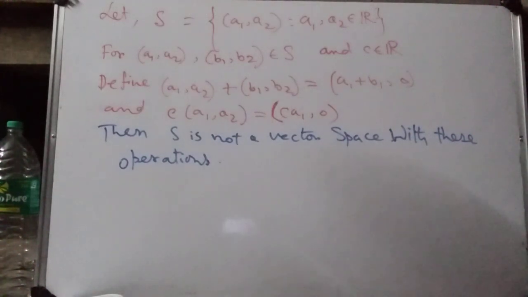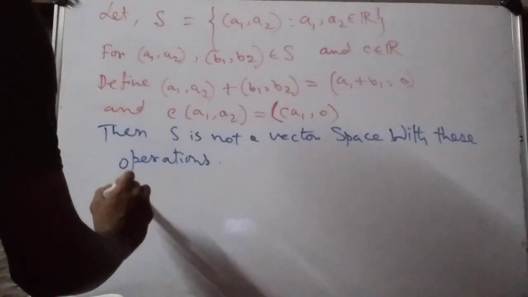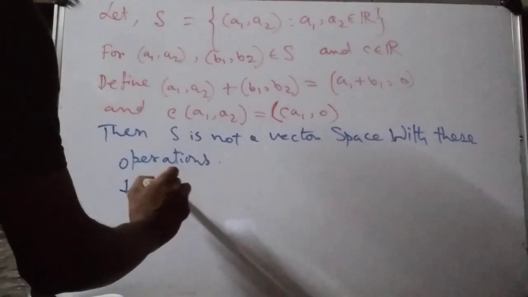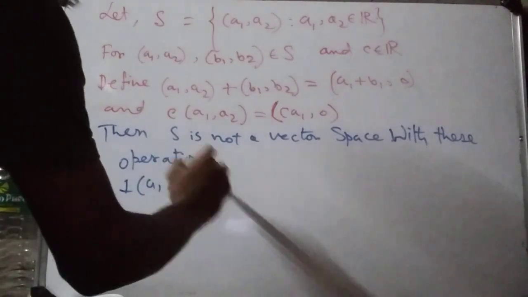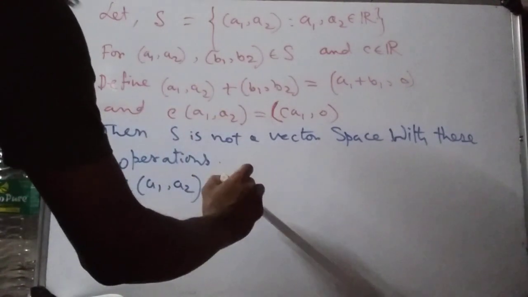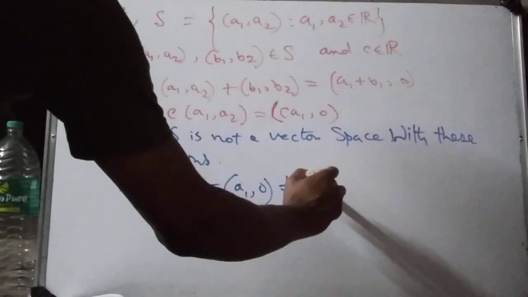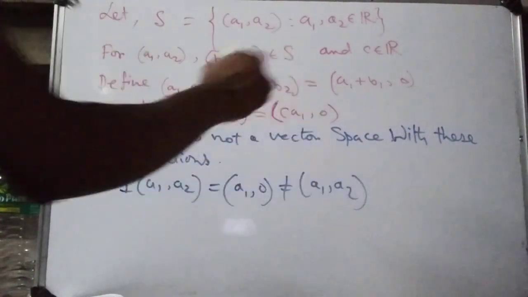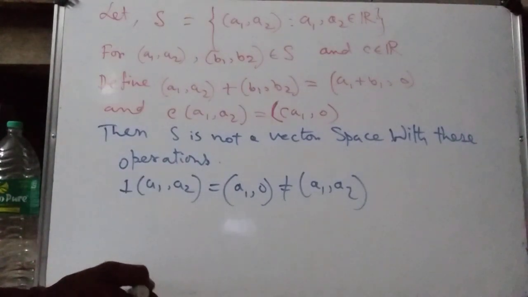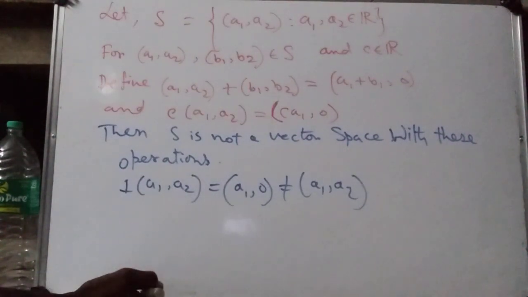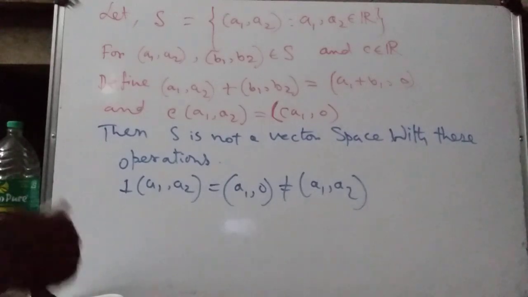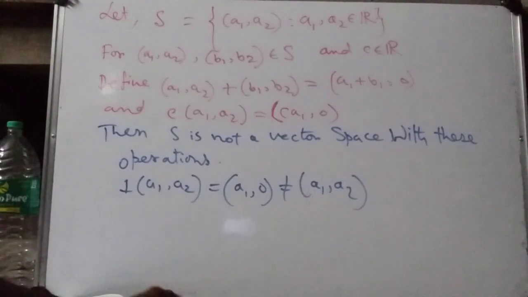If we discuss that, 1 multiplied by (a1, a2), since 1 is the identity, equals (a1, 0), not equal to (a1, a2). This one condition does not hold, it is not satisfied. And another condition which is not satisfied, we discuss now.